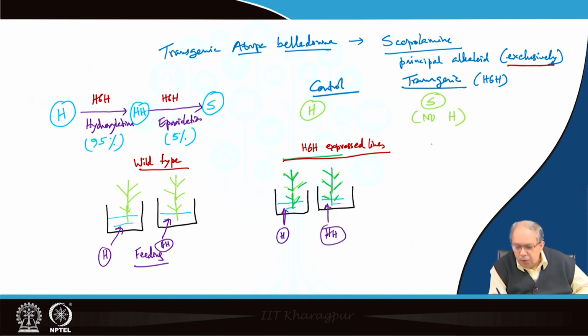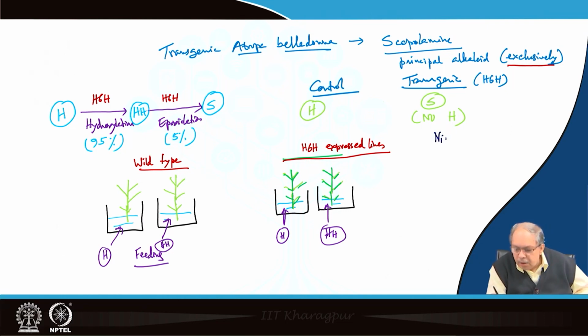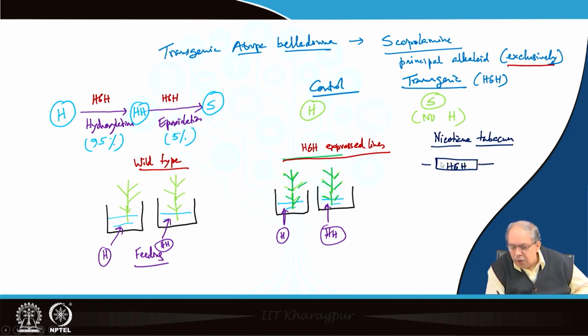Now, remember we are talking about tobacco, or Nicotiana tabacum. I just use the scientific name, that is better. In Nicotiana tabacum you have made the construct and expressed H6H. The tobacco plant does not produce this alkaloid; it basically produces nicotine alkaloids.